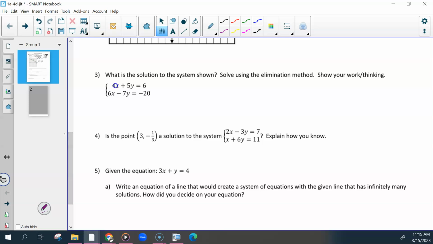If you were going to eliminate the x's, you could either multiply the top equation by 3 and the bottom by 2, multiply the top by 6 and the bottom by 4 to get rid of x, or keep going by multiples of x. For y, you could have multiplied the top by 7 and the bottom by 5, or keep going. So I'm going to do this one, multiply this by 3 and this by 2.